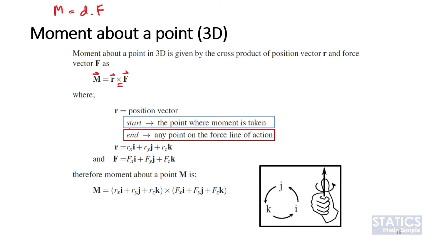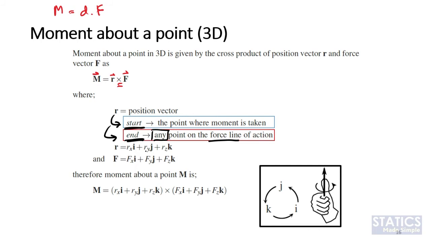Remember, it starts from the point where the moment is taken and ends at any point on the line of force. So r starts where the moment is taken and ends at any point on the line of force. And of course, this r can be written in terms of IJK.